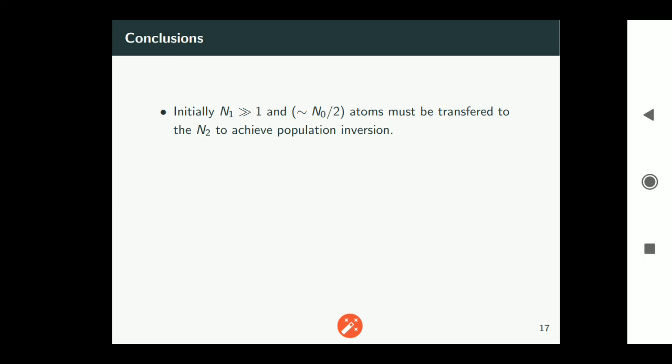That is the basic requirement to achieve population inversion and also to achieve lasing in the system. So this tells us that a three-level system for this reason is not an energy efficient system. This information can also be obtained when we study the four-level system, which we are going to study in the next class.